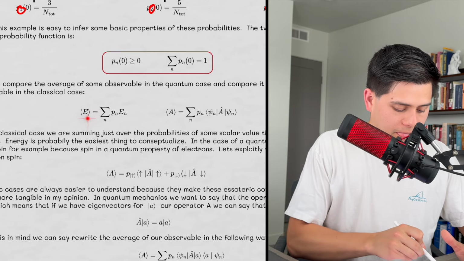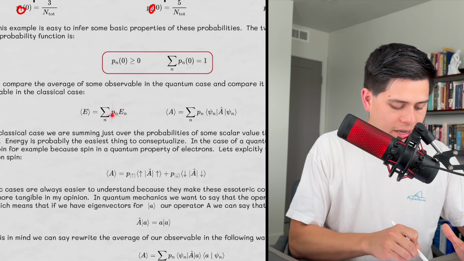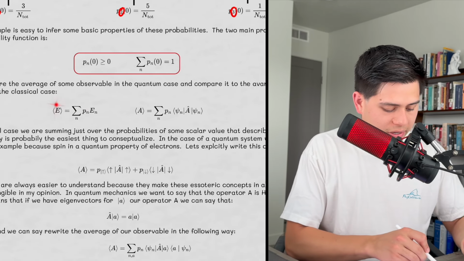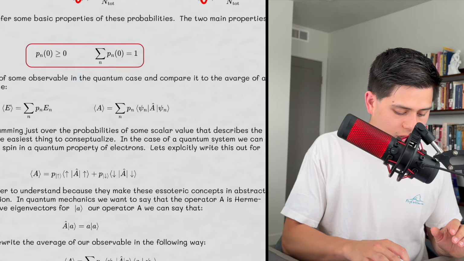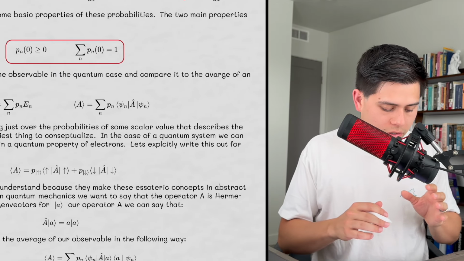But anyways, this is the average. Here we have E sub n, P sub n. It's a sum, right? So this is how we calculate the average classically. Contrast this to quantum now.